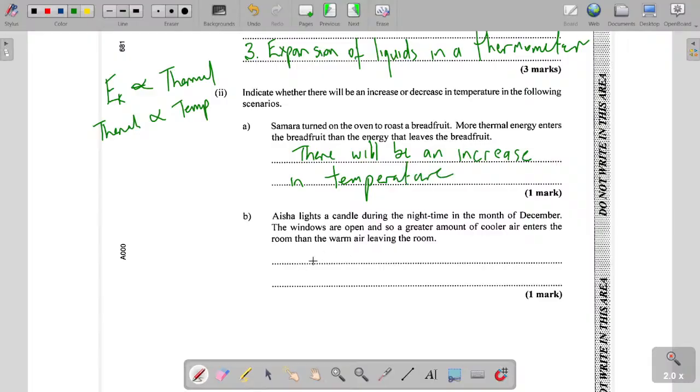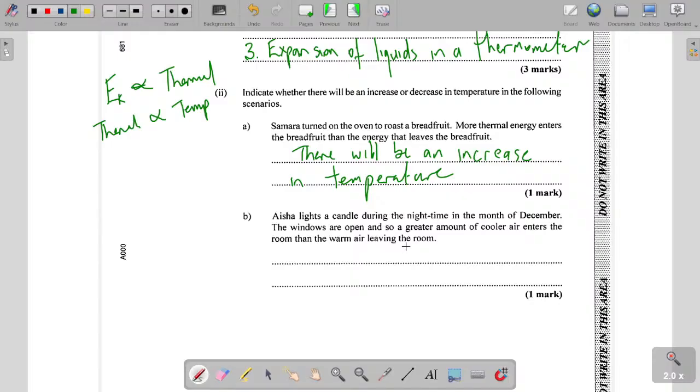Alright. Next one says Aisha lights a candle during the night time in the month of December, and the windows are open, and so a great amount of cooler air enters the room than the warmer air leaving the room. So that means there is an imbalance between the amount of cool air and warm air. So we know that warm air has more thermal energy than cool air.